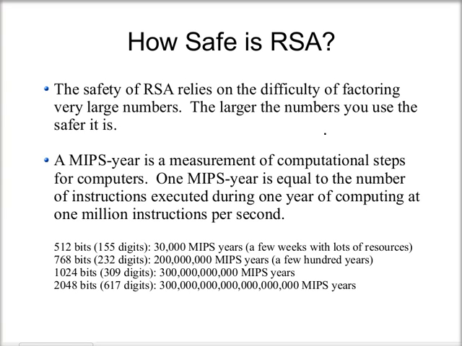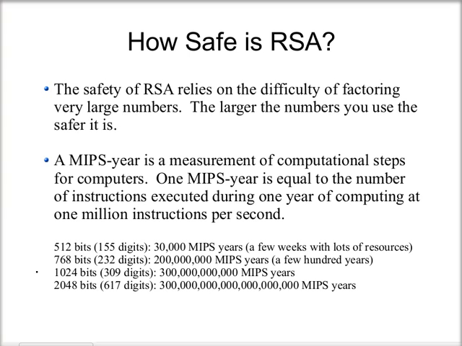One MIPS year is equal to the number of instructions executed during 1 year of computing at 1 million instructions per second. So the actual time this takes is going to depend on how powerful the computers doing the work are. And as computers get more powerful, this will take less and less time.